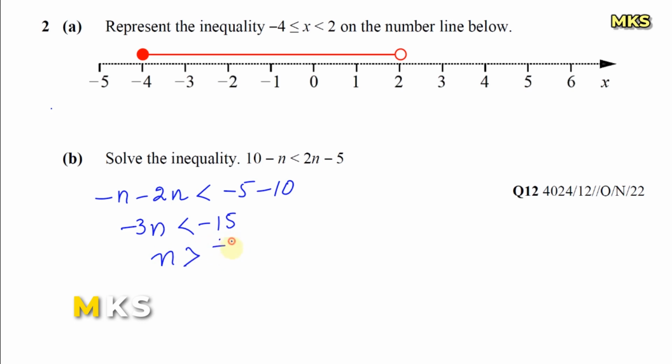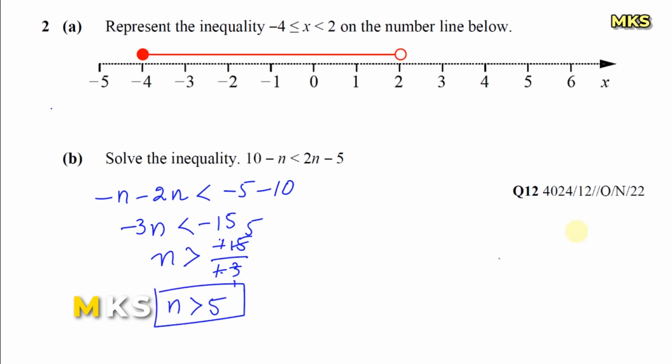So it will become minus 15 over minus 3. The negative signs cancel, and 3 ones are 3 and 3 fives are 15. So the final answer will be n is greater than 5.